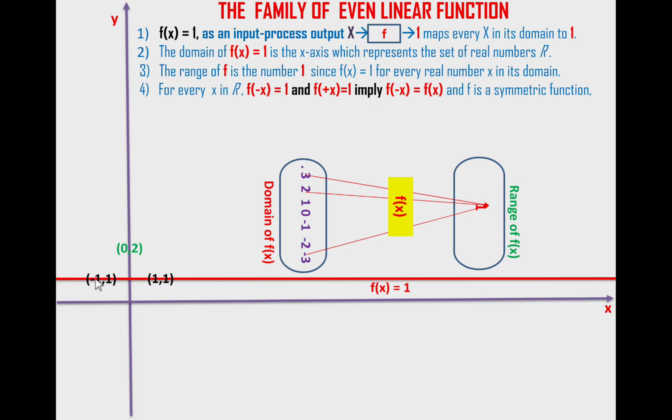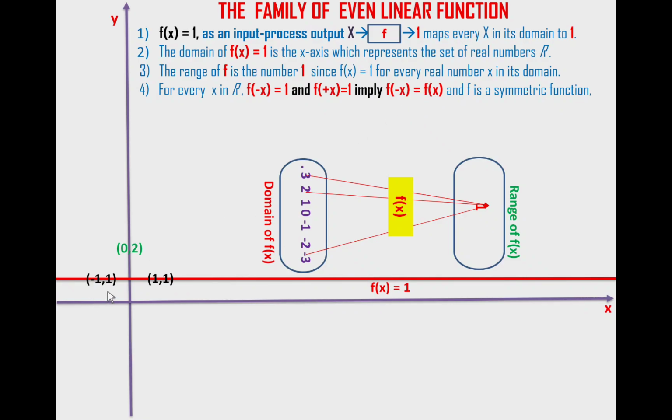Minus 1 is right here, and this is f of minus 1. F of minus 1 is 1. We said f of minus x, where x equal to 1, means f of minus 1. It's equal to f of x, which is f of 1. So if we replace x by 1, it says f of minus 1 equal to f of 1.